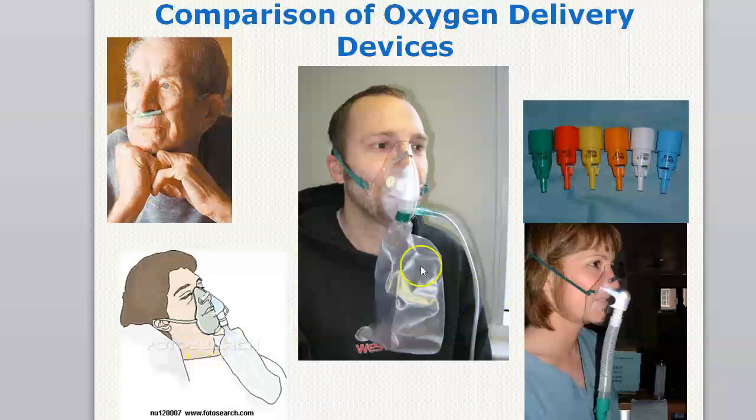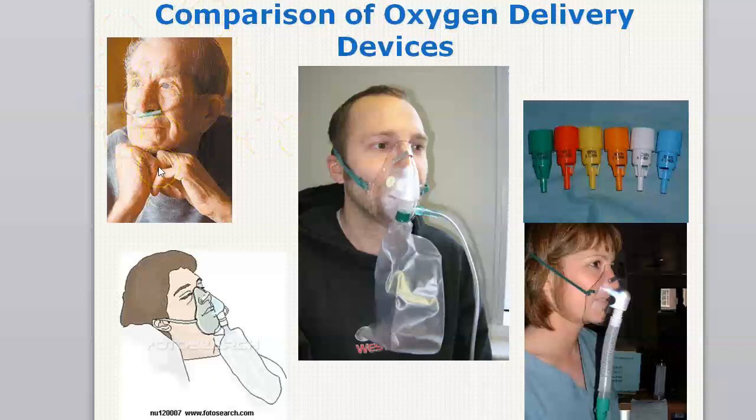And you can see these are varying types of masks that we may see put on a patient, especially if they're hypoxic or not responding very well to the nasal cannula. People with lung diseases and heart diseases can go on to be discharged with a nasal cannula, okay?